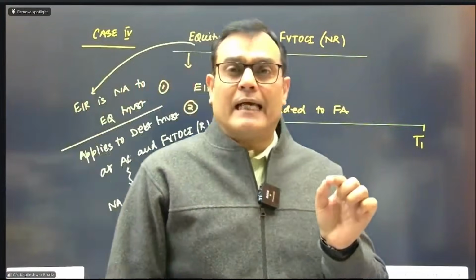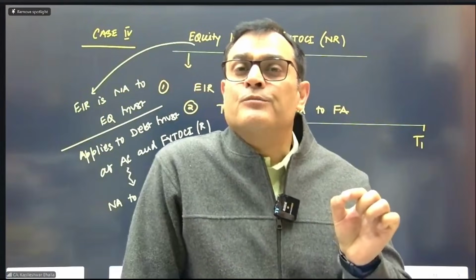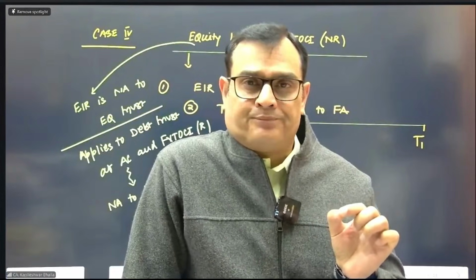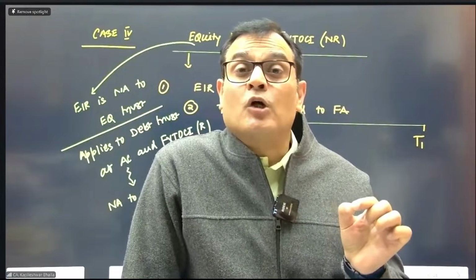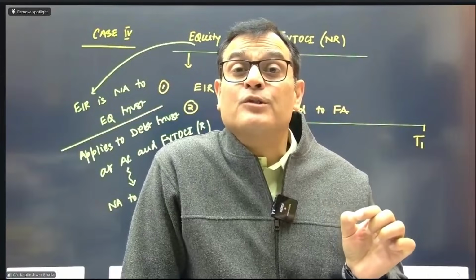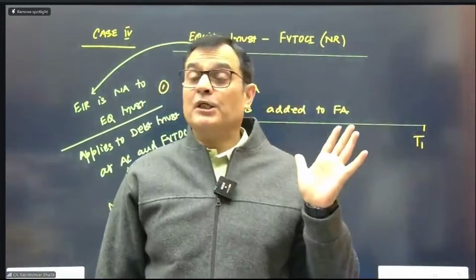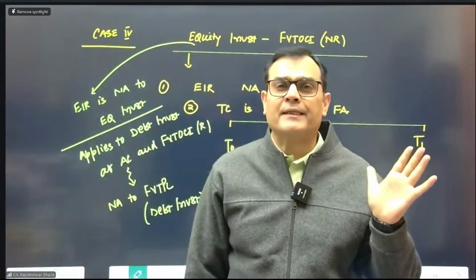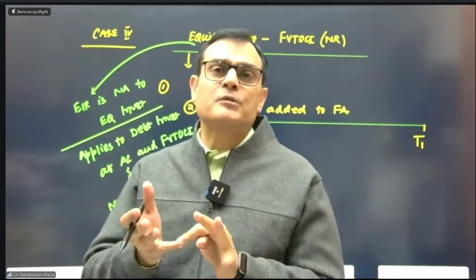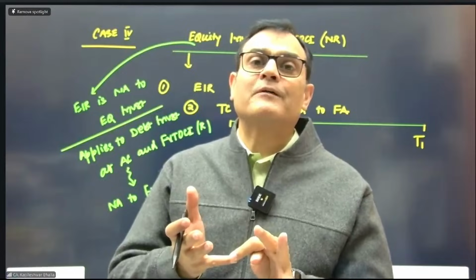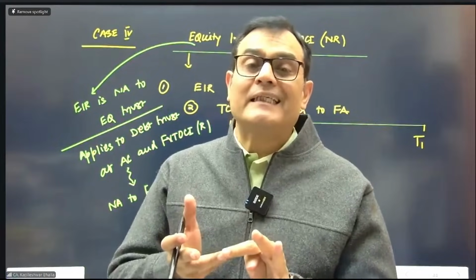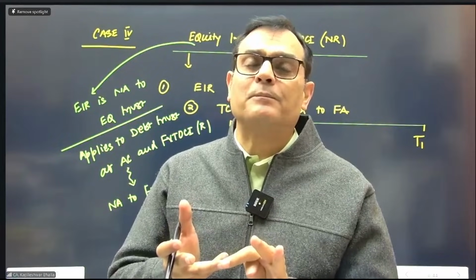TC is not added only in terms of FVTPL, whether it is debt or equity investments. In all other cases, TC will be added. You take debt investments other than FVTPL, add. You take equity investments other than FVTPL, add.